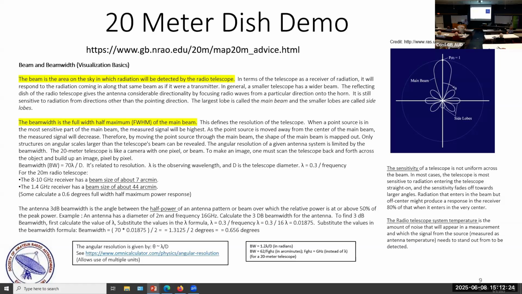It's more of a beam contour. Thinking in those terms, you'll yield and interpret results a lot better. So the beam is the area in which the radiation will be detected by the radio telescope. You have that main lobe there, and that outline is a bit misleading. It's non-uniform.